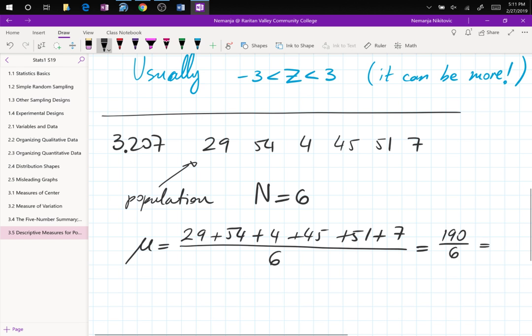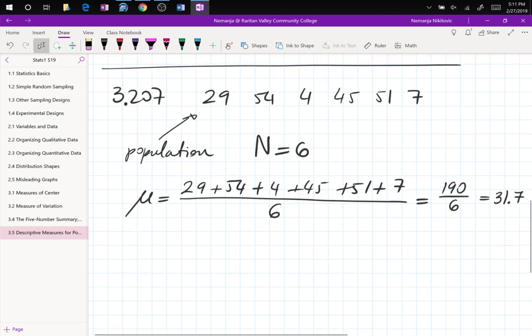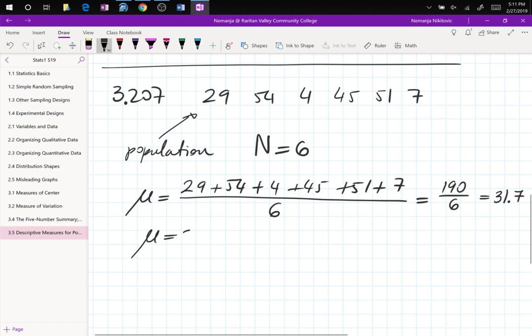So it's going to be 31.7. Let's put 1 decimal extra from the data. So now we have our mean, 31.7. This is the population mean.